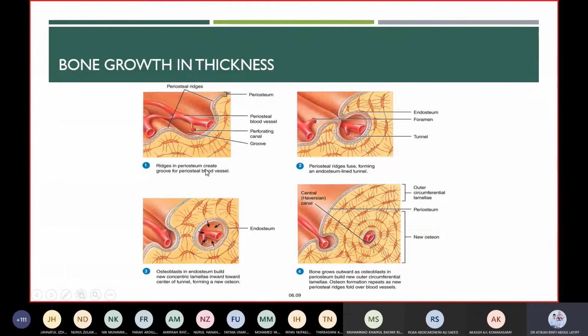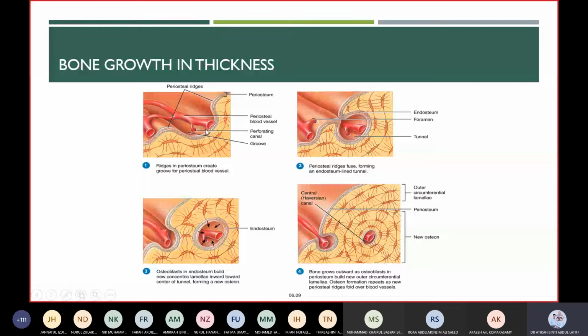So ridges in the periosteum create grooves for periosteal blood vessels. Then the ridges will start to fuse and form a tunnel, an endosteum-lined tunnel. This is all an endosteum.